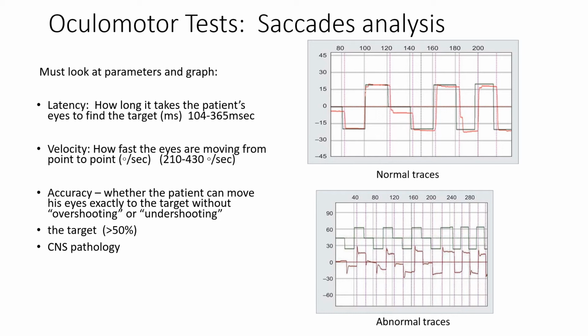Usually after undershooting or overshooting, the patients will make a corrective saccade back to the target. The target must be more than 50% accurate for normal saccades. For both undershooting or overshooting, we classify it as abnormal when it is reproducible and significant. An abnormal value of these parameters may indicate cerebral lesion.